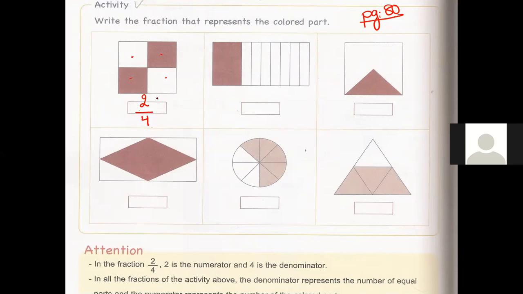Always up, we write the number of colored parts, down the total. Is it clear? Right. So 2 out of 4. And all parts should have the same size. We said it at the beginning of this lesson. I can't divide it into different sizes. All of them should have the same size. Okay?